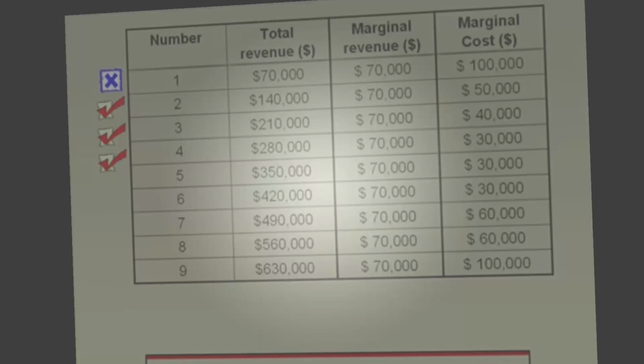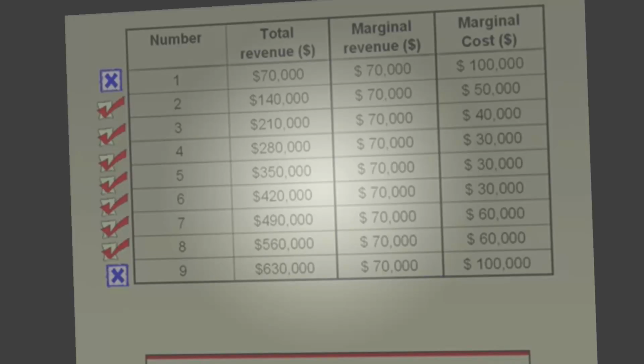4 units will work. 5 units works. 6 units works. 7 works. 8 units still works, because if you look, the incremental revenue is 70,000, but the additional cost is 60. 9 units?